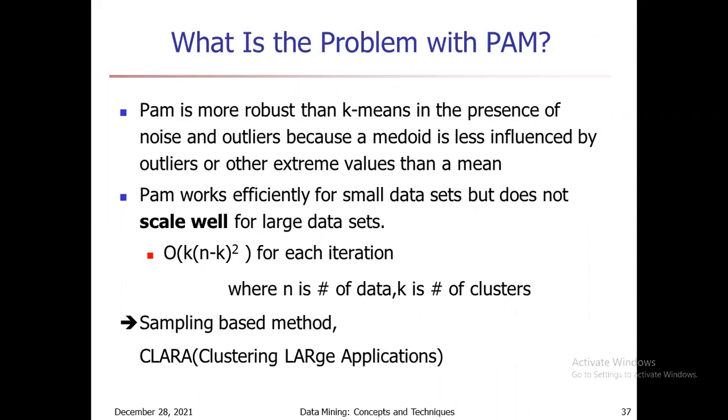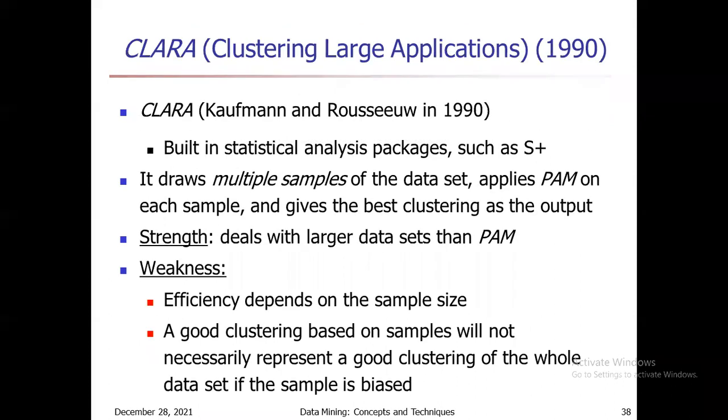CLARA stands for Clustering Large Applications. It was defined in 1990 by Kaufman and Rousseeuw, and it is built into statistical analysis packages such as S+. It draws multiple samples of the data set, applies PAM on each sample, and gives the best clustering as the output.